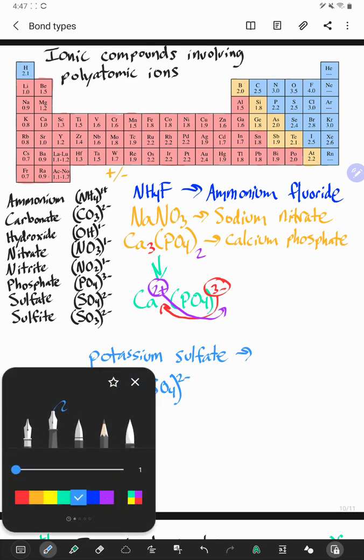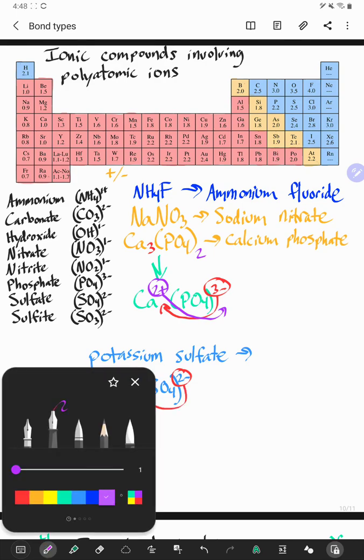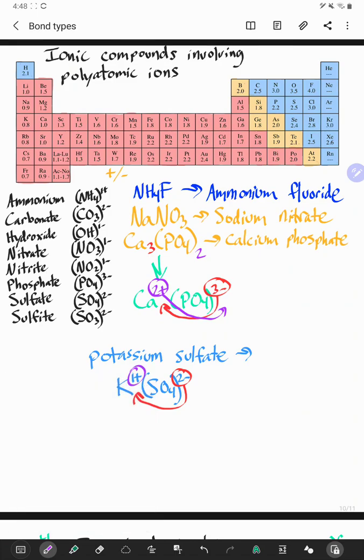What we're going to do is take this 2, we're not going to take the negative part, and write it right here, and we're going to take the 1 and write it right here, except when we only have 1, we don't write the 1. So we have here K2SO4.